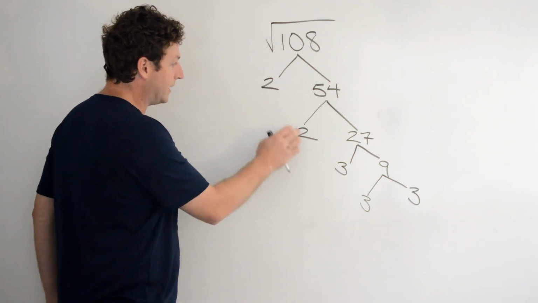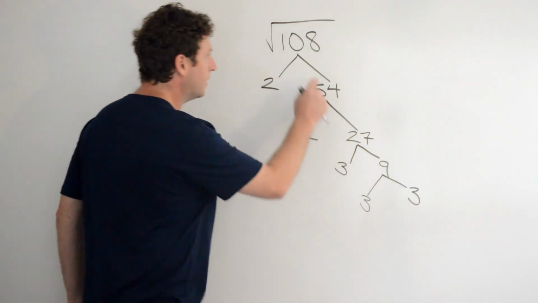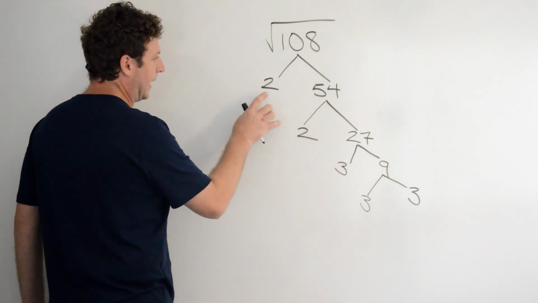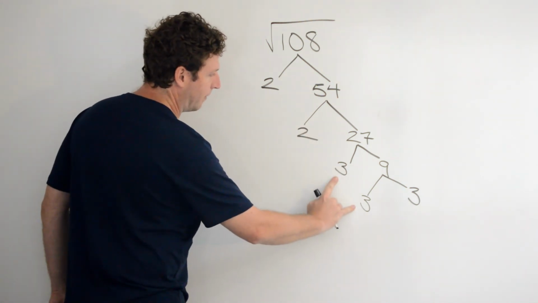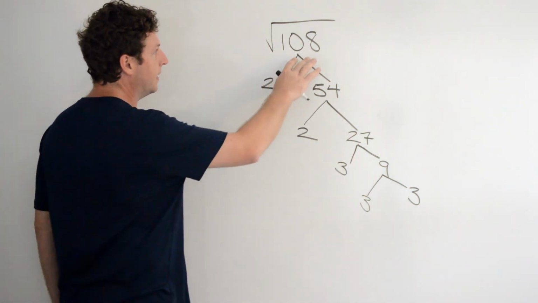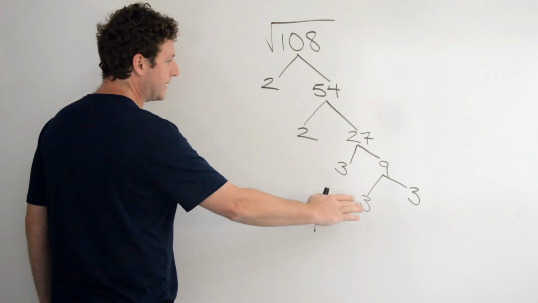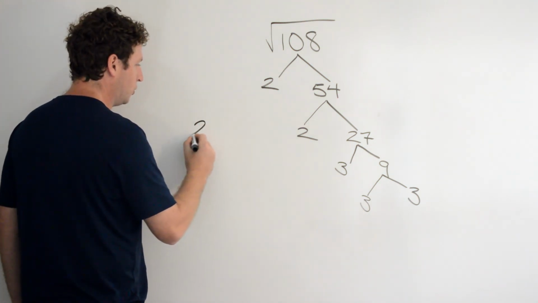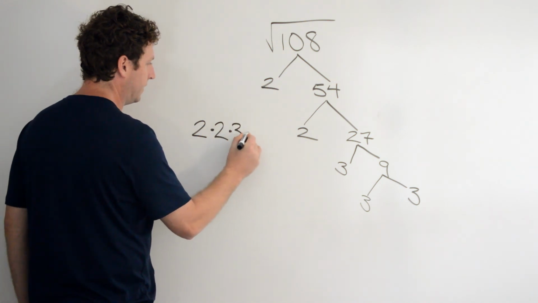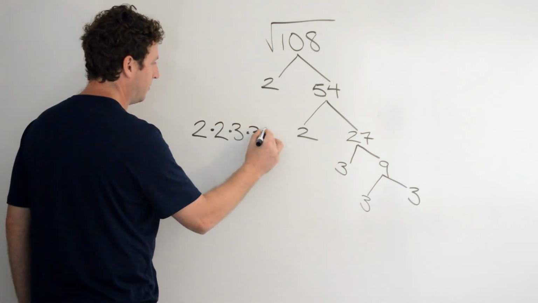Good. Now this is a prime factorization of the number 108. Let's see what I can pull out. It looks like any sets I have where there's 2 of them, I can pull them out from being inside the radical. This is the same as saying 2 times 2 times 3 times 3 times 3, right?